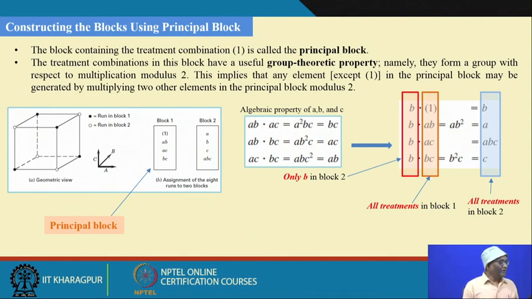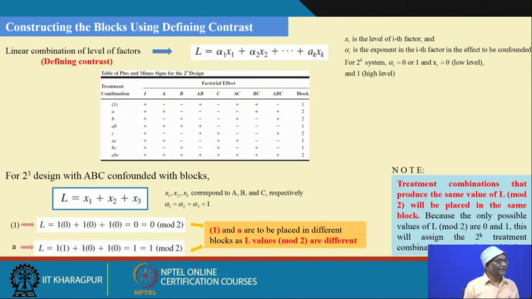And another simple one, the first one I explained. But if you see here, we say that the effect is to be confounded with block. So, when you create this algebraic matrix, you will also get the contrast for ABC, and in all the columns you will get plus or minus sign only.